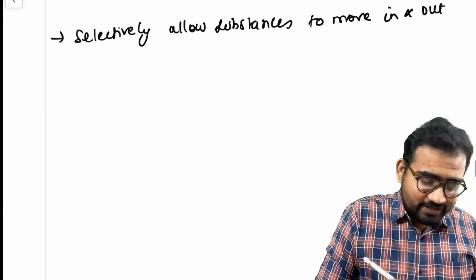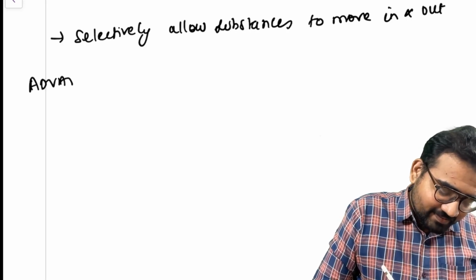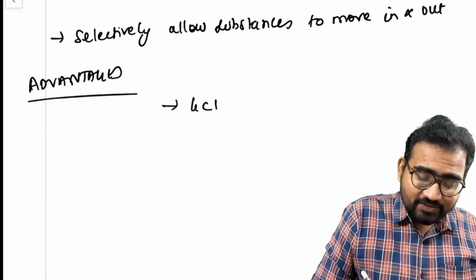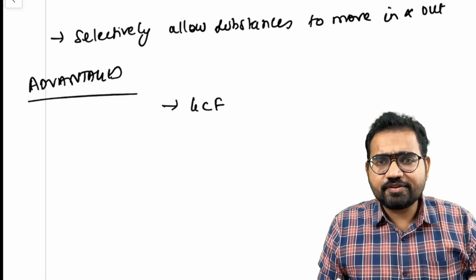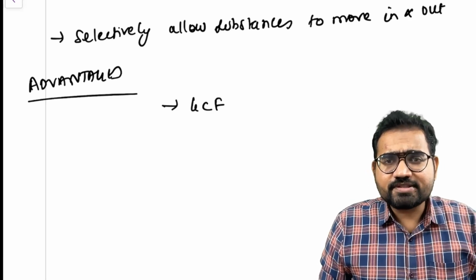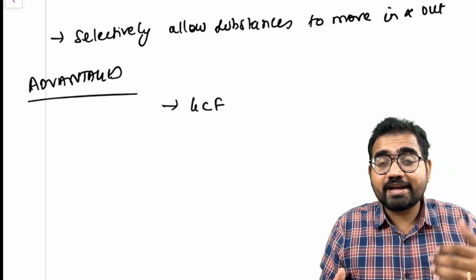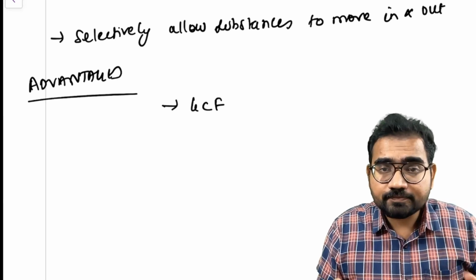What is the advantage? Yes, it will allow GCF to come out. GCF will have defense cells. It helps to fight, or it acts as a biomarker so that you can identify whether the patient has disease or not.